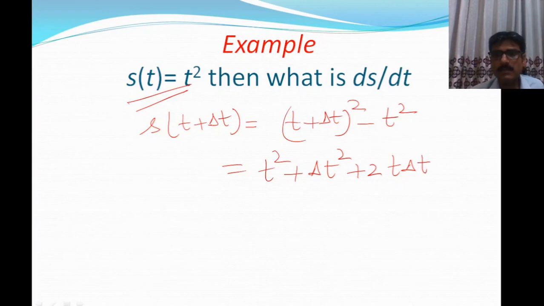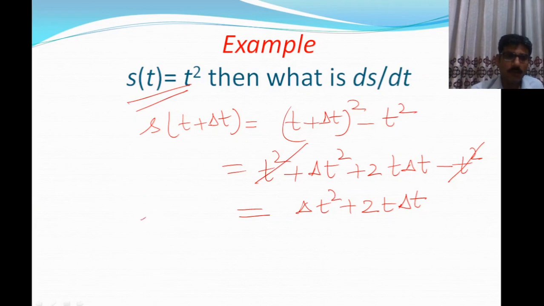It is nothing but (a plus b) whole square, the class 10 formula. Minus t square, so t square cancels out. So here we have delta t square plus twice t delta t, which is s(t plus delta t) minus s(t).